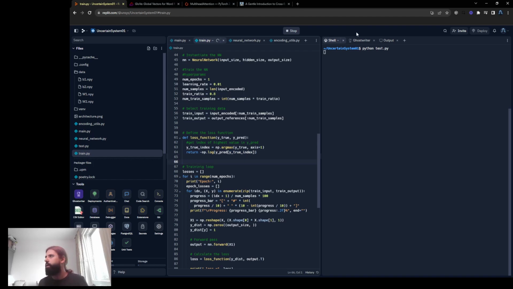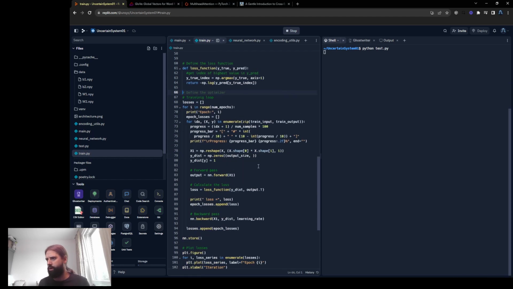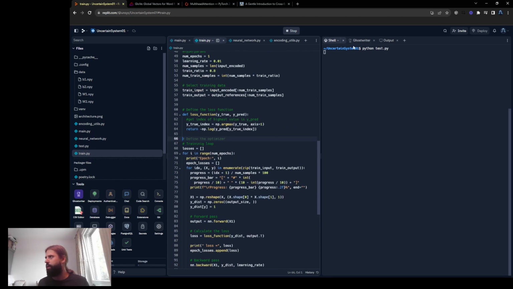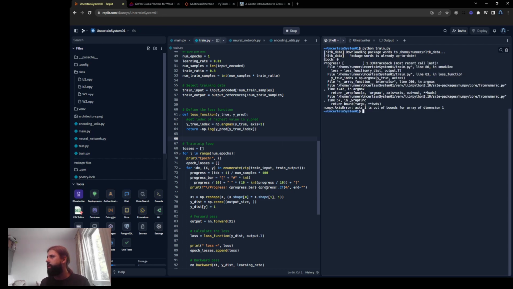Can we see if that change works at all? Can I just run python training.py? What's going to break? I changed some stuff, so I'm not sure if it's going to break or not. Yeah, it's breaking. Where does it break?